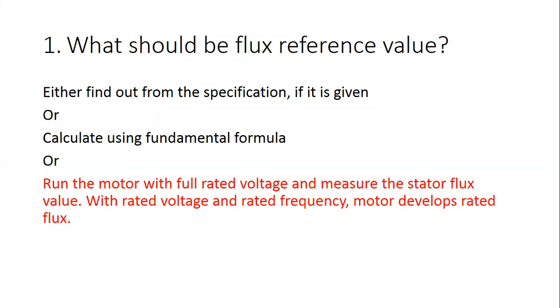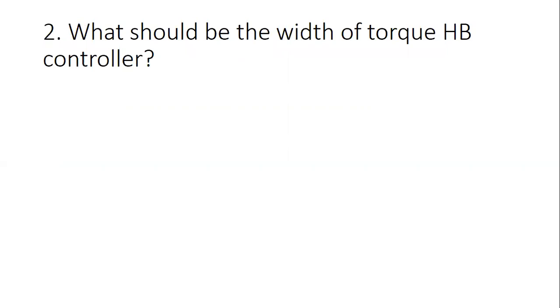So now let's go to the next question. The next question is, what should be the width of the torque hysteresis band controller? Now we want this torque to be equal to the rated torque, or whatever is the required torque. In steady state, it is equal to the load torque. So the variation in torque, that is torque pulsation, should be minimum, and this torque pulsation, or variation in torque, is because of the width of the hysteresis band, right?